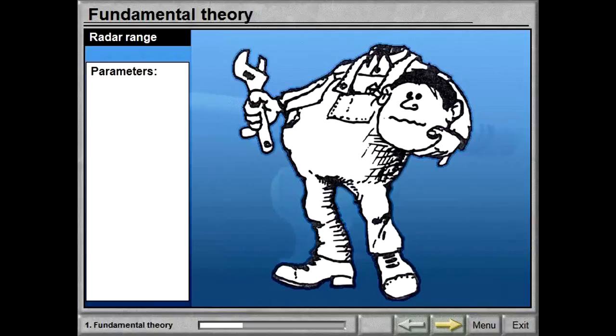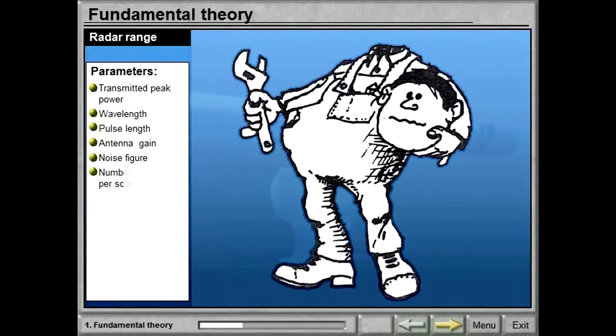The following technical parameters must also be taken into account: transmitted peak power, wavelength, pulse length, antenna gain, noise figure, number of pulses per scan, waveguide loss, display parameters.